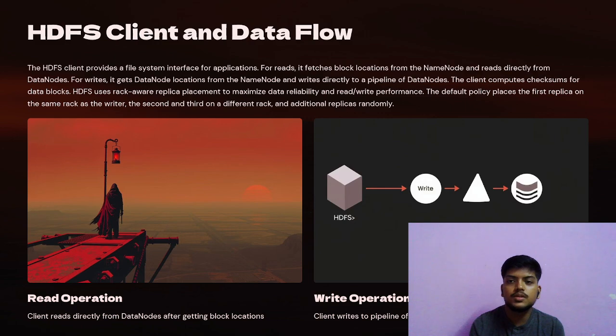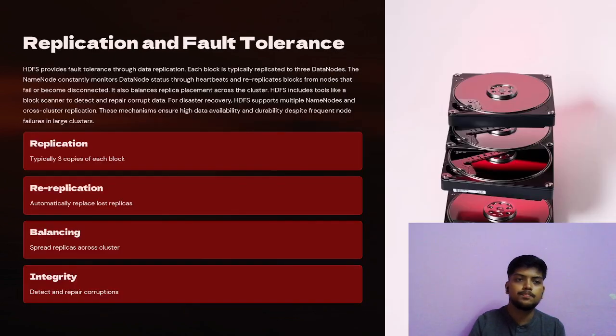The default policy places the first replica on the same rack as the writer, the second and third on a different rack, and additional replicas randomly. Read operation: the client reads directly from DataNodes after getting block locations. Write operation: the client writes to the pipeline of DataNodes after getting locations.